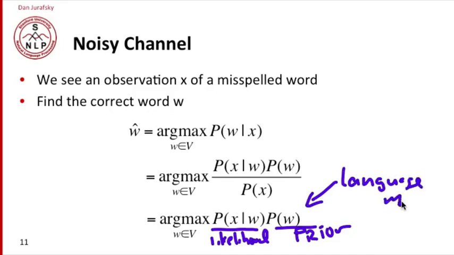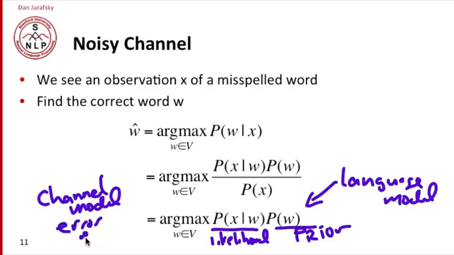And you've seen language models before. That's the probability of the correct word, W. And this likelihood term, we often call this the channel model, or sometimes the error model. So we've got two factors, the language model and the channel model.